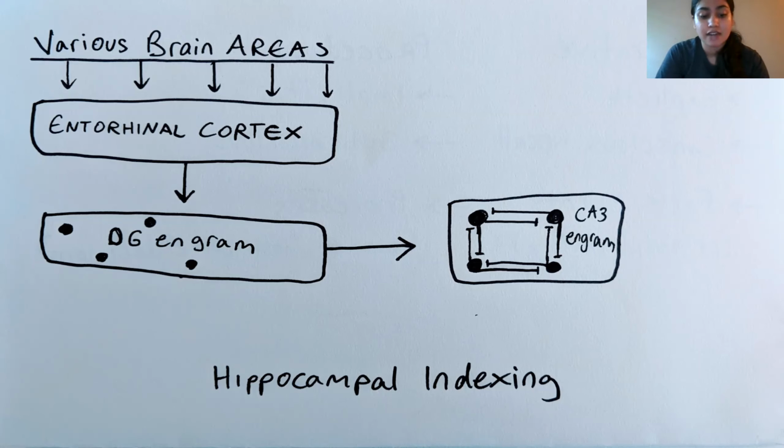Okay, so now we have an engram in CA3, which was activated from an engram in dentate gyrus, which was activated from the entorhinal cortex, which was activated from the experience.